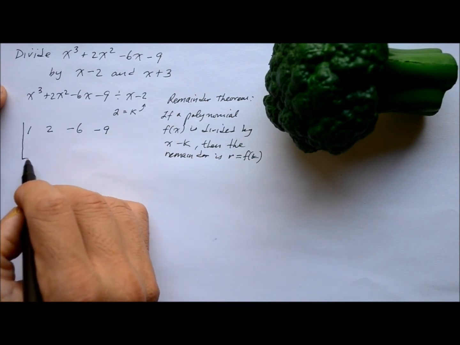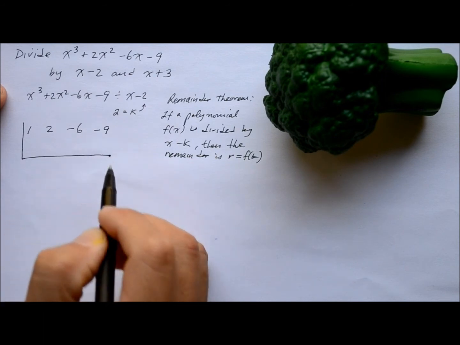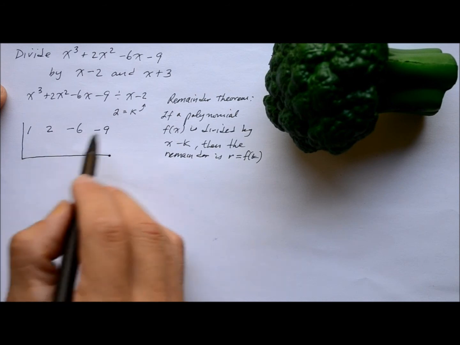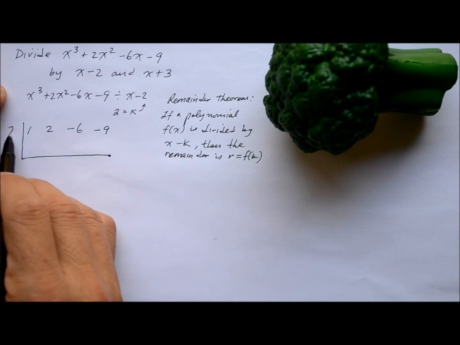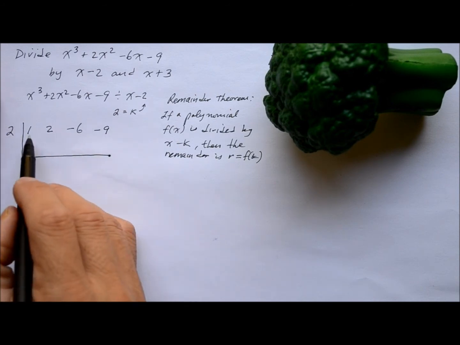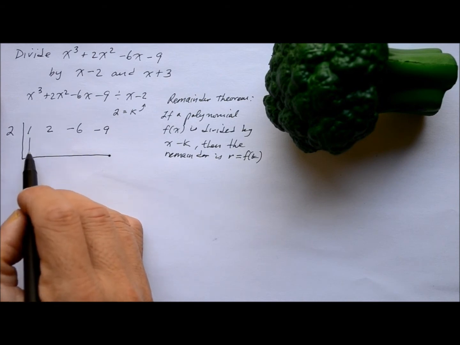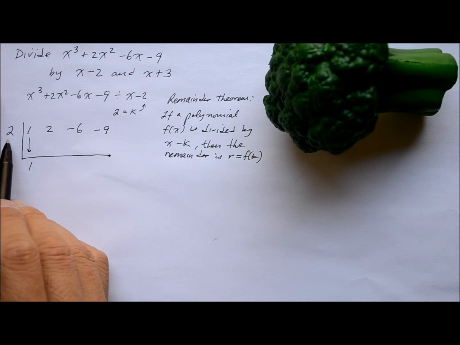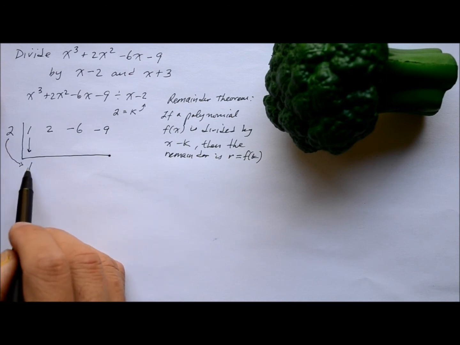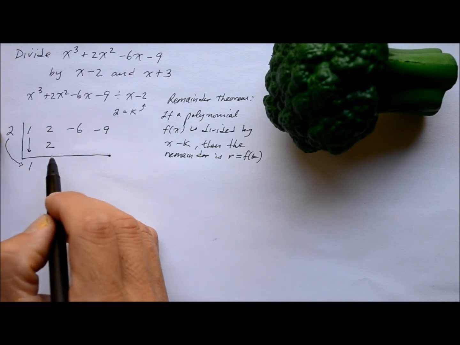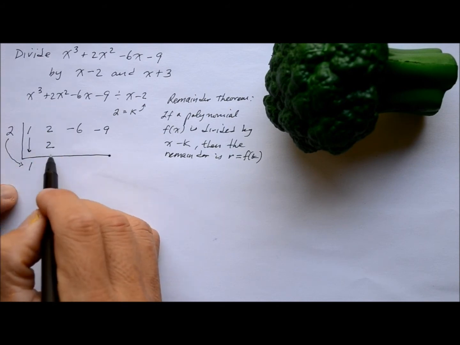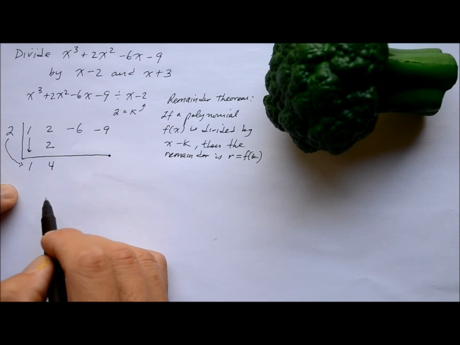Watch this now. We use synthetic division written this way. In fact, in some European countries, they do the division this way. We take that k over here. We bring the leading coefficient down to start things up. Then we multiply the k, 2, by the first coefficient, 2 times 1 is 2, and combine that with the second coefficient to become 4.